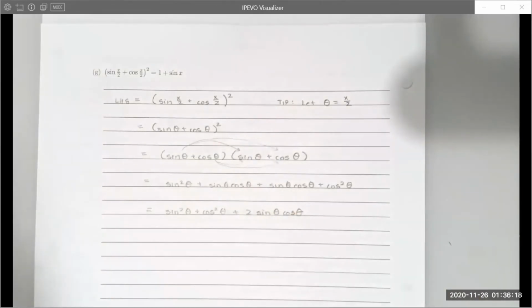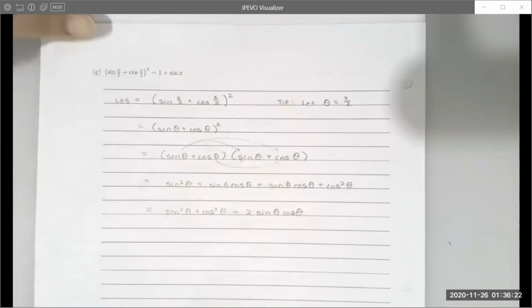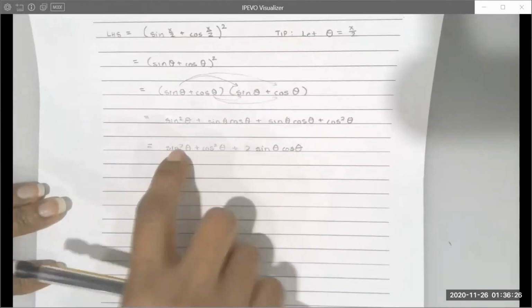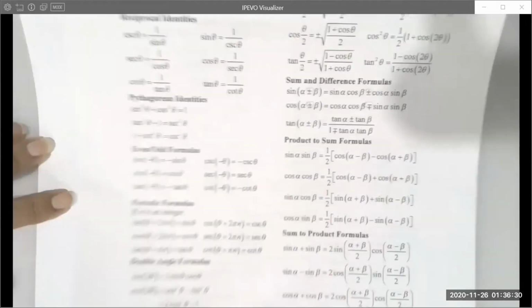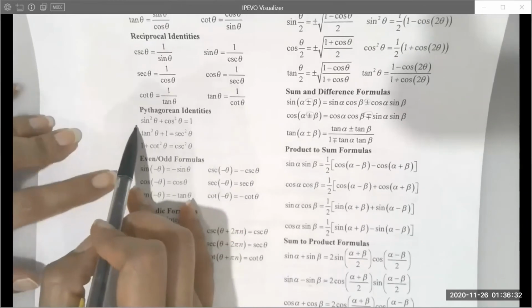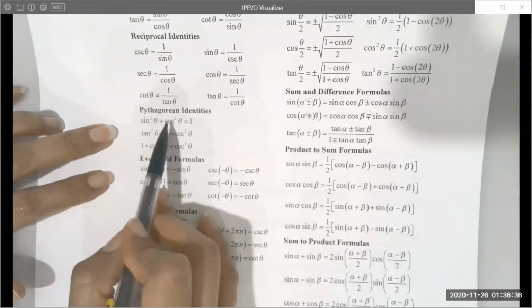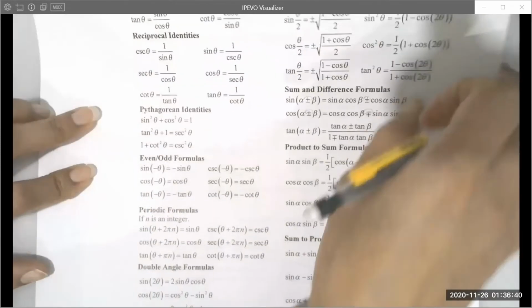Okay, so questions up to this point. Good. All right, now why did I decide to group these two together? Well, look at the Pythagorean identities. The very first Pythagorean identity says that if you have sine squared theta plus cosine squared theta, that is equal to 1.